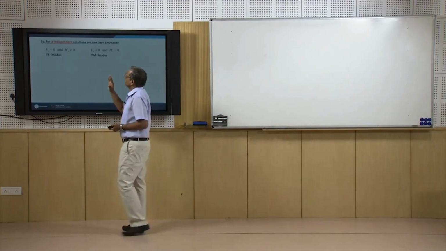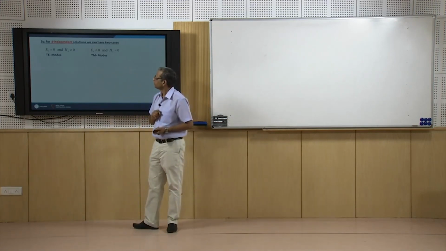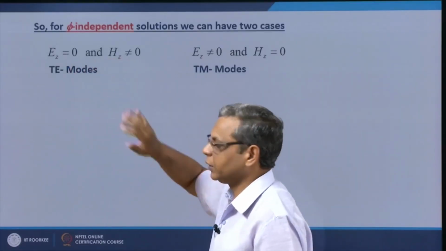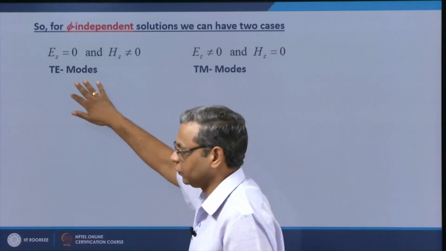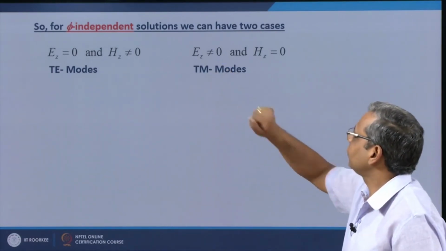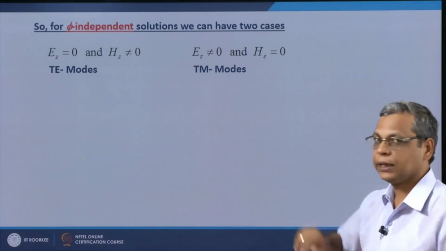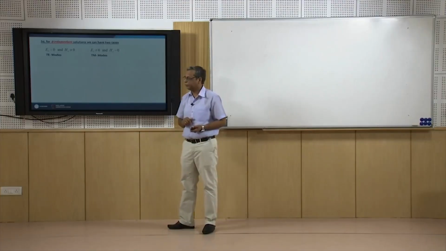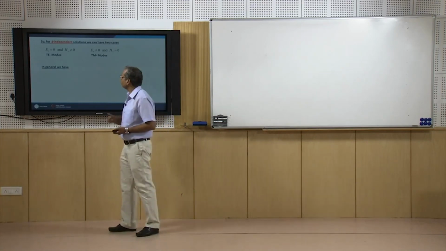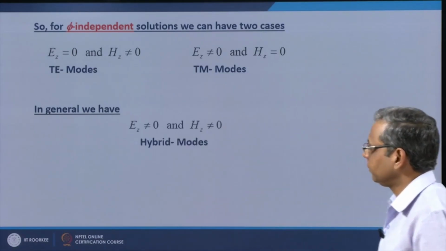So, for phi independent solutions we can have two cases. One is Ez equal to 0 and Hz not equal to 0, which is nothing but the case of TE modes, and another is when Ez is not equal to 0 and Hz is equal to 0, which is nothing but the case of TM modes. But in general I will have Ez not equal to 0 and Hz not equal to 0 simultaneously.